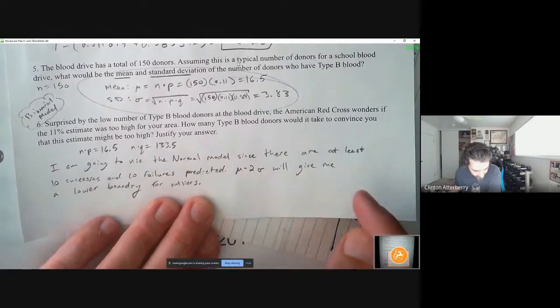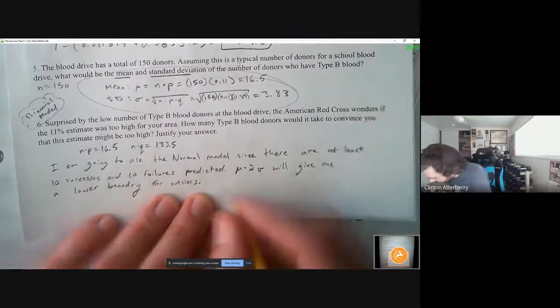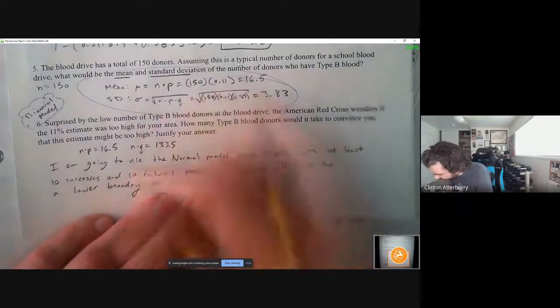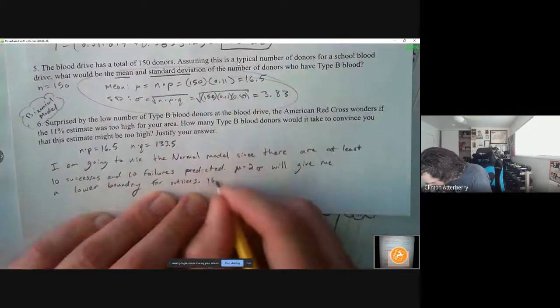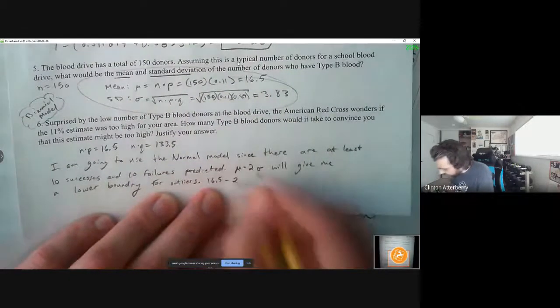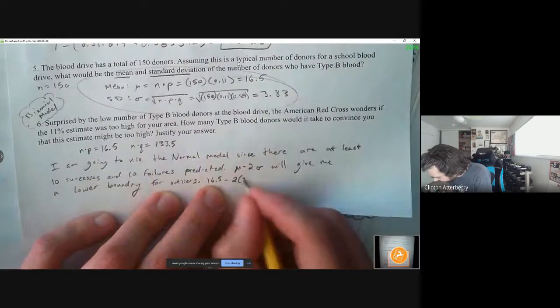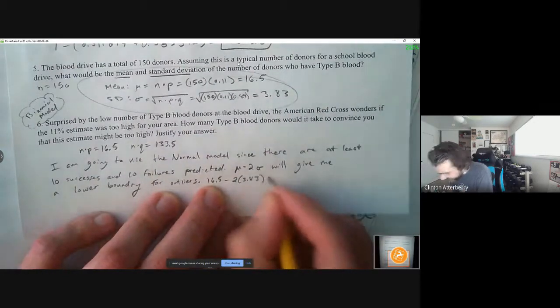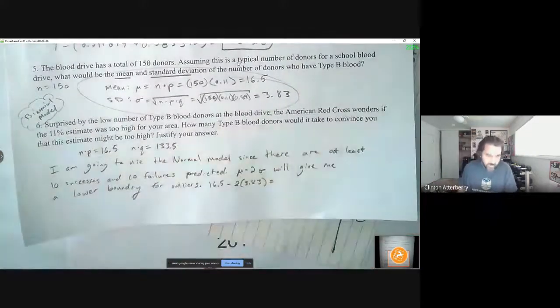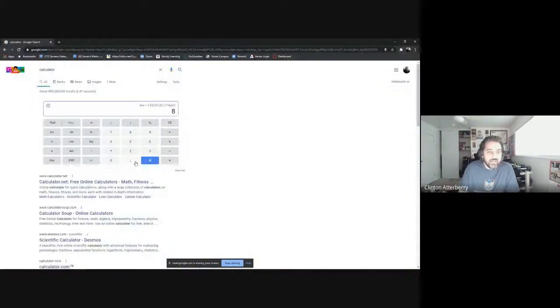All right, so we're going to say the mean, which was 16.5, take away 2 times the standard deviation, the sigma, which was 3.83. And that's going to equal about 8 something, 8.84. Yeah, I'm typing in the answer that I've already done. Good job. 16.5, take away 2 times 3.83.